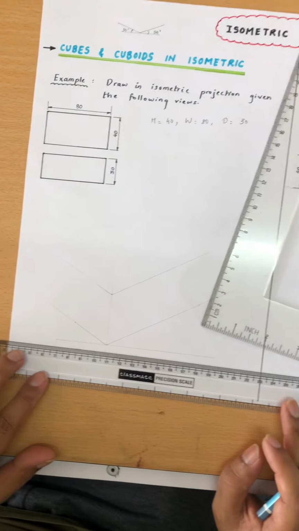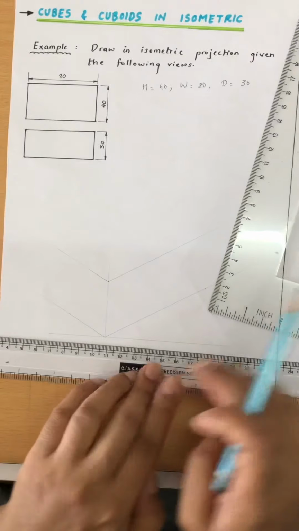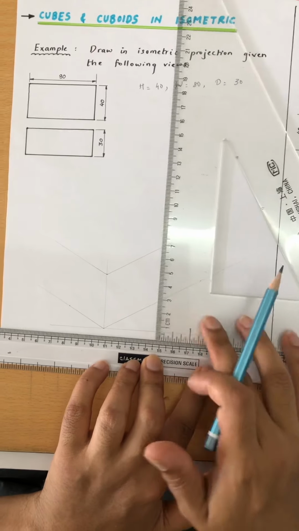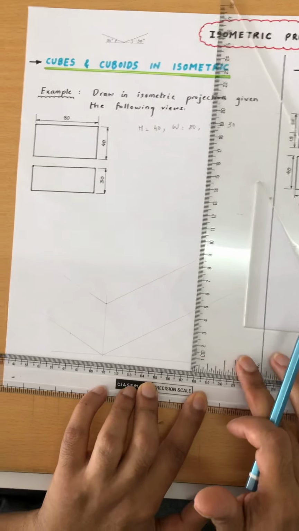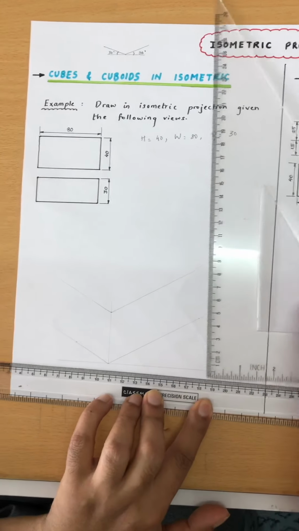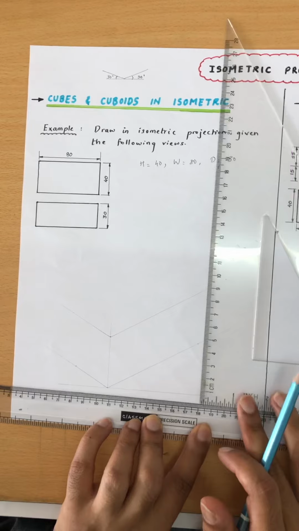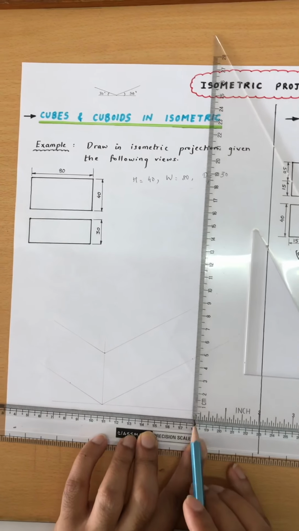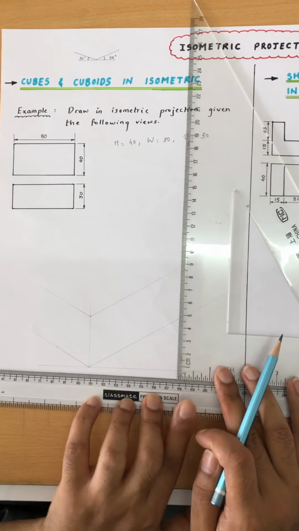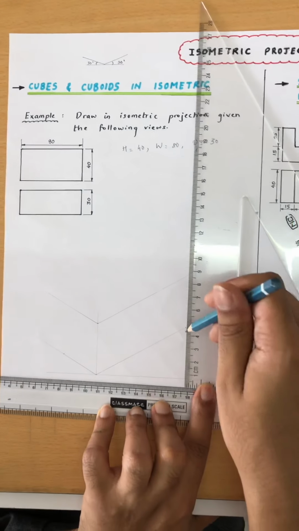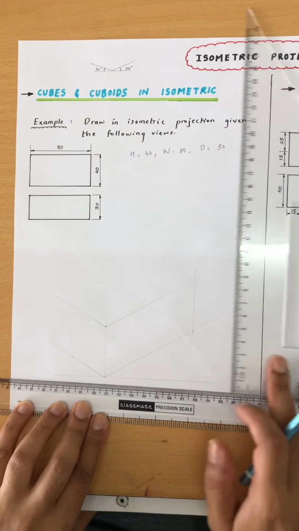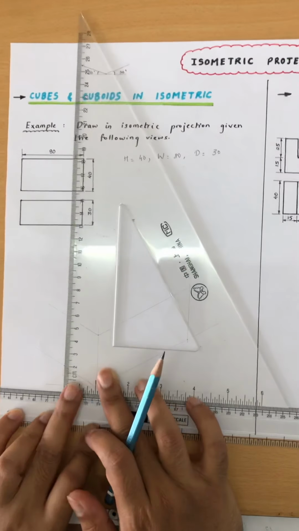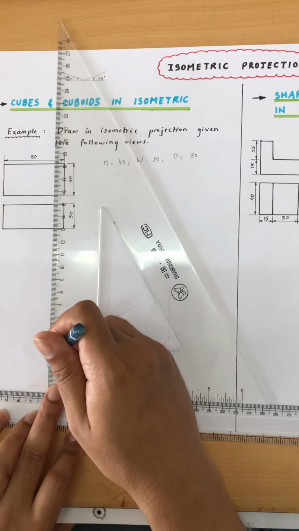Now I put the ruler horizontally like this, and then I move the set square like this in order to draw vertical lines. I'm going to put it like this, using this right angle in order to draw vertical lines. So we have this line, and then I slide it along the ruler until it reaches this point.